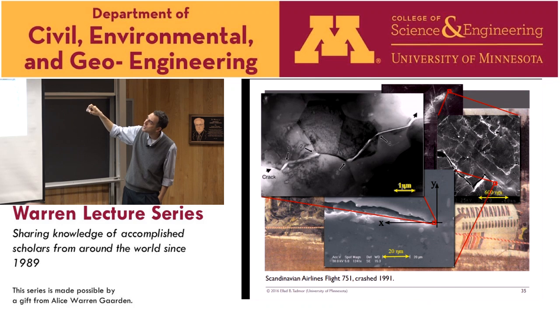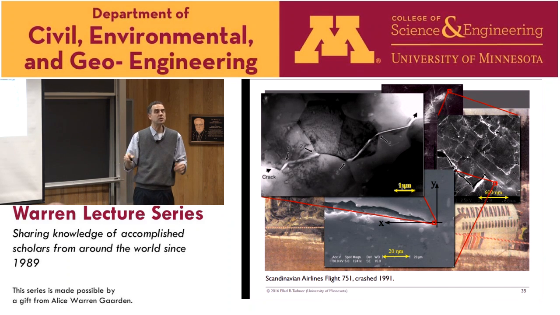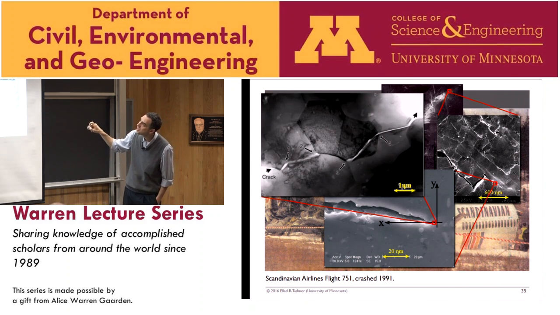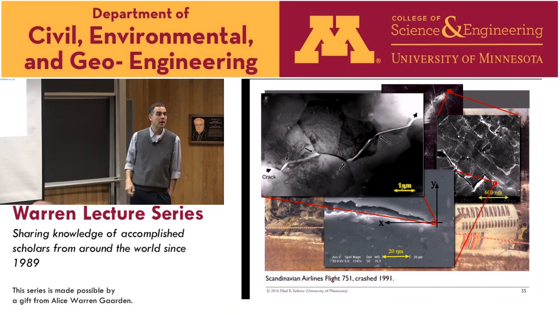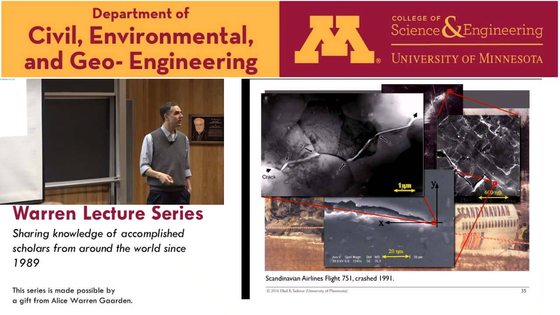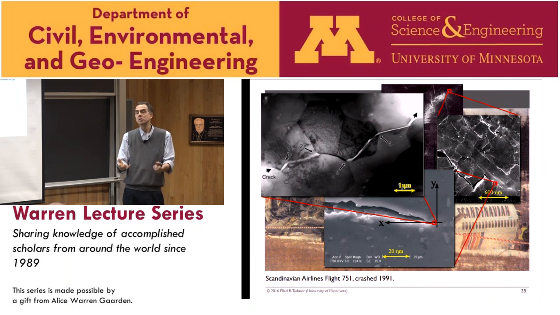Here the crack has broken through the grain, and here it's cleaved between the grains. So there's an interaction having to do with the orientation of the crack and the grains. You can also see some black lines inside of the grains, and those are dislocations. As the crack propagated, it made plasticity, which are dislocations.